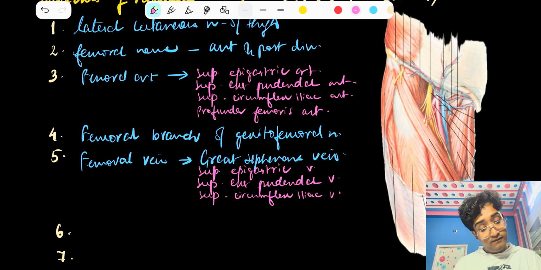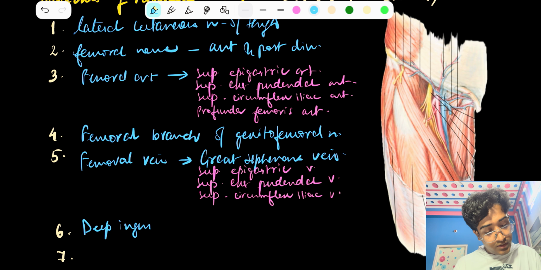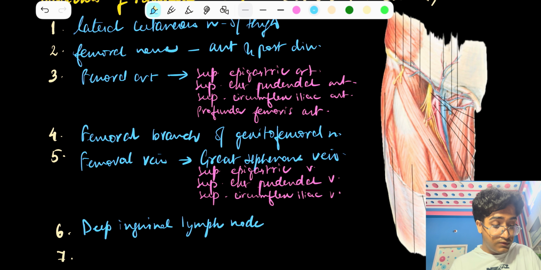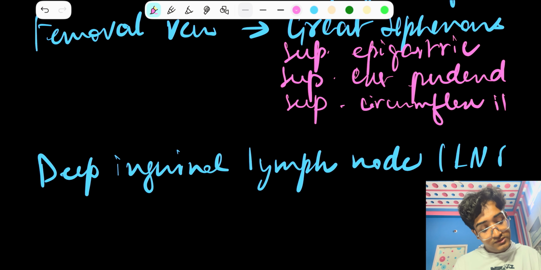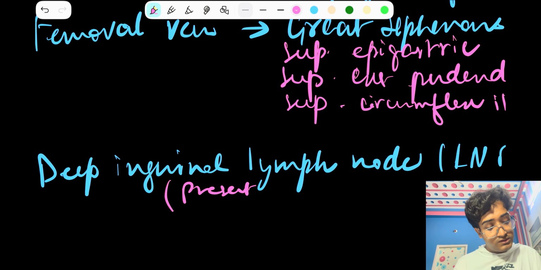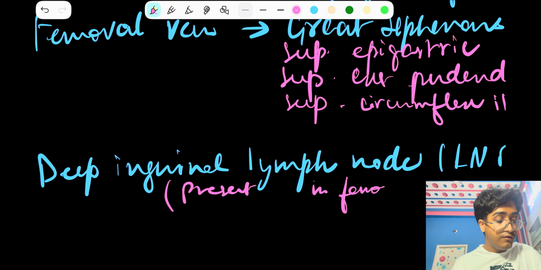Next we have the deep inguinal lymph nodes, or the lymph node of Cloquet, present in the femoral canal.